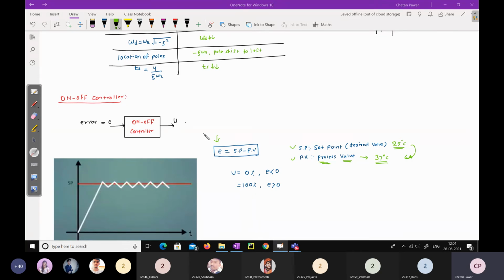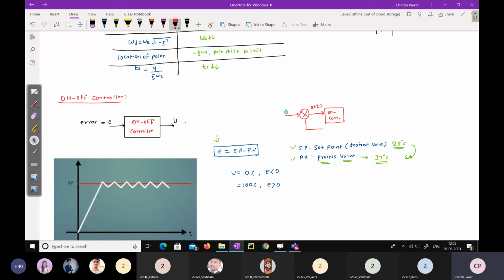For example, now this is the controller, the on-off controller we can say. This error is the input to that controller.